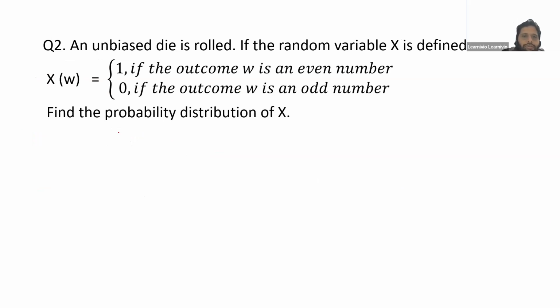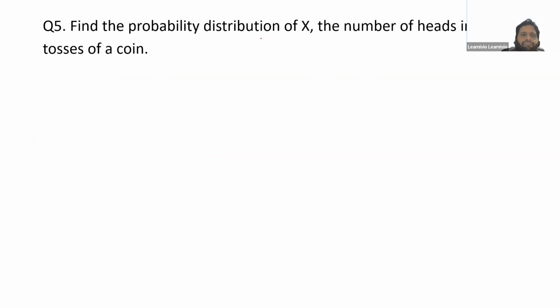This we will see later on. Okay, this question: find the probability distribution of X, where X is the number of heads in two tosses of a coin. We need to find the probability distribution here.